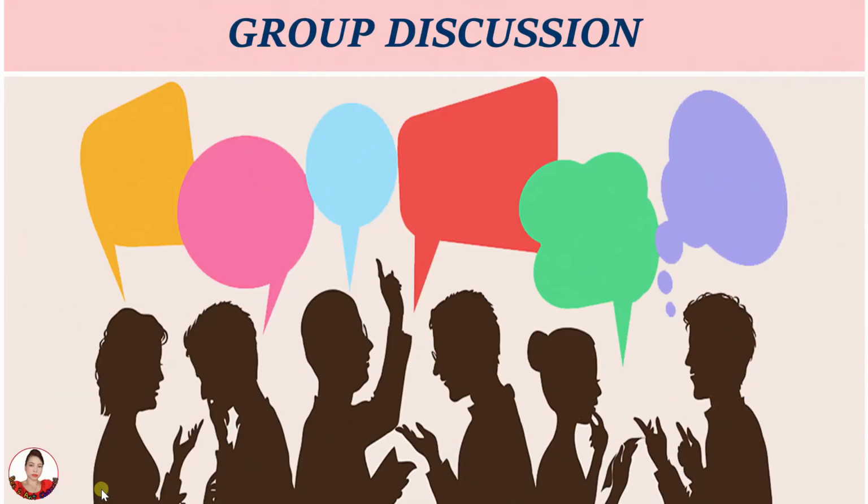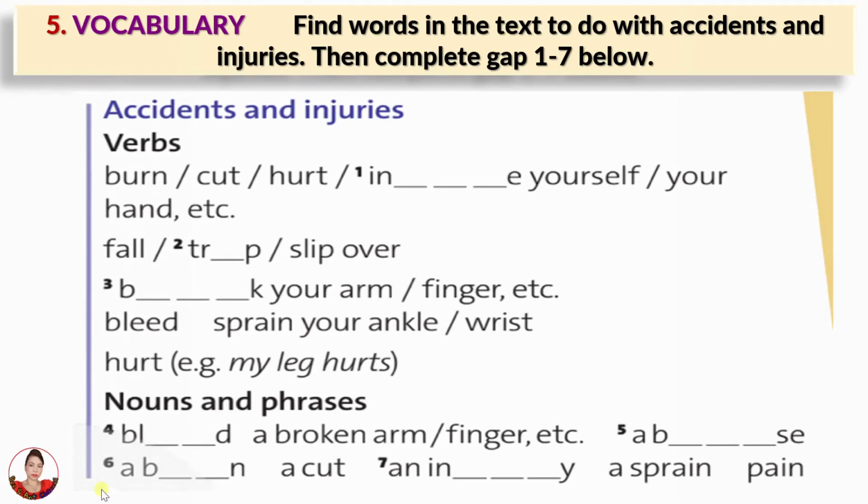Now try to work in groups. We should discuss. So what about number 5? Vocabulary. Find five words in the text to do with accidents and injuries. Then complete gaps 1 to 7 below.